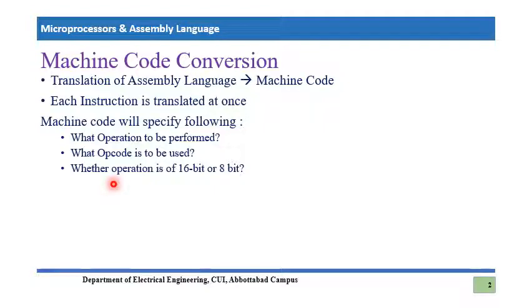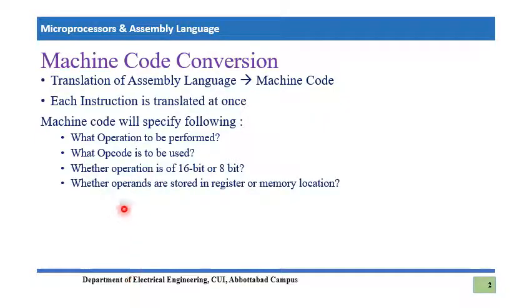We have already seen this in the addressing mode lectures, where each instruction specifies that the operation is going to be either 16-bit or 8-bit, so that must also be specified in machine code. The microprocessor must understand whether it is performing a 16-bit operation or an 8-bit operation.